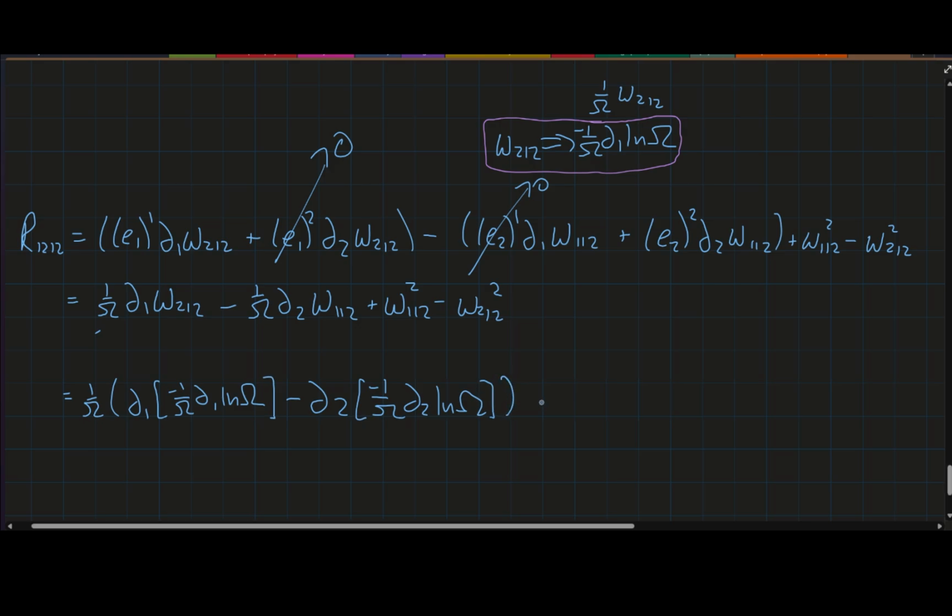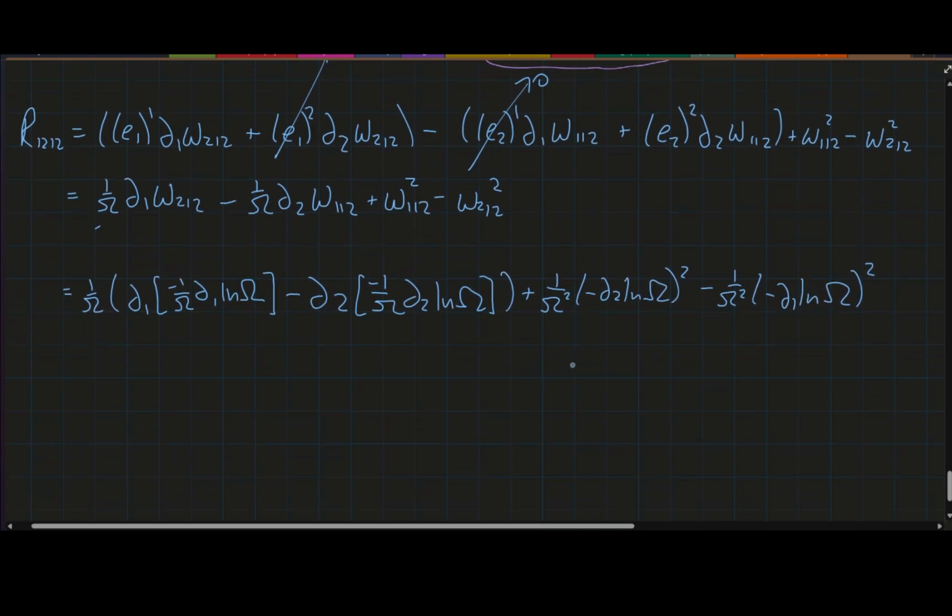And then this is going to be 1 over omega squared minus del 2 ln omega squared, minus 1 over omega squared. Again, we're just punching in for these w's here. Minus del 1 ln omega squared.